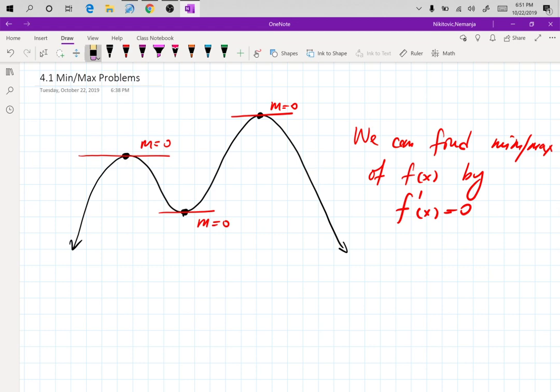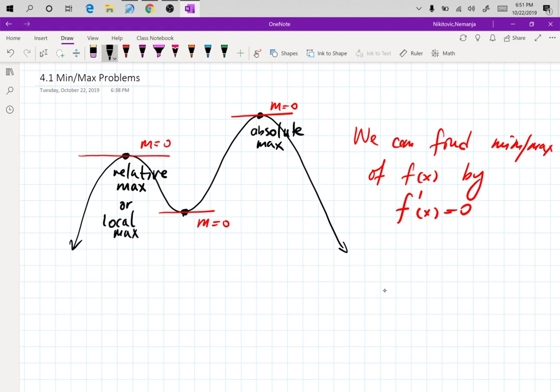And the lower one would either be called relative or local. So I can go here and I will call this one absolute max, and this one relative max.